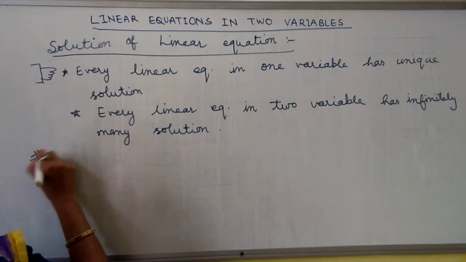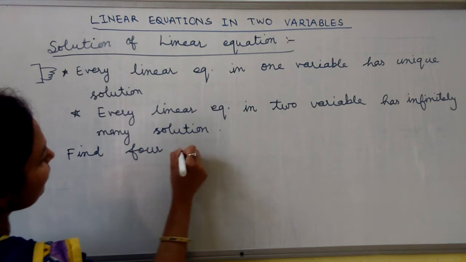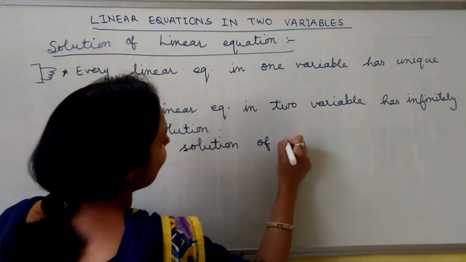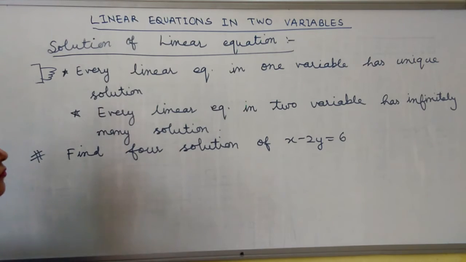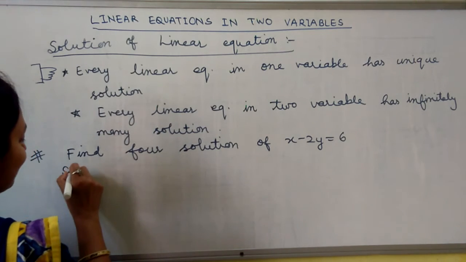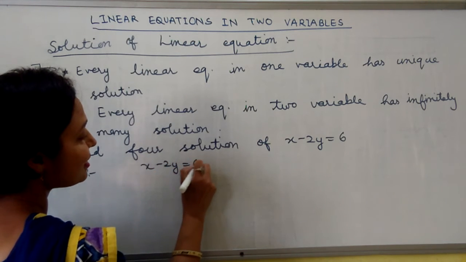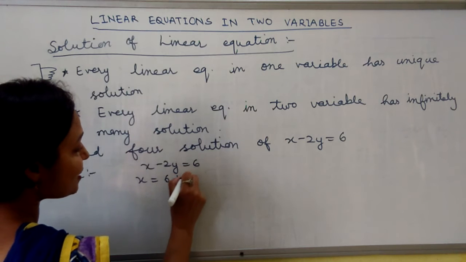For example, find four solutions of x minus 2y equals to 6. How can we find the solutions? For finding solutions, you have to substitute. Take the equation x minus 2y equals to 6, so x equals to 6 plus 2y.